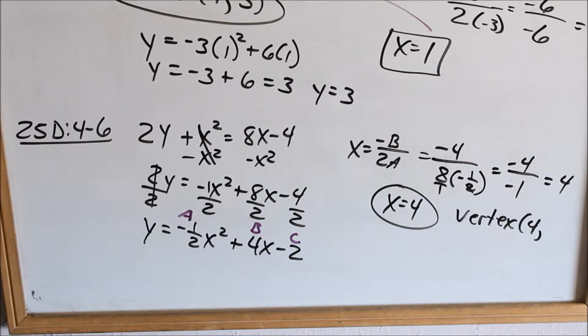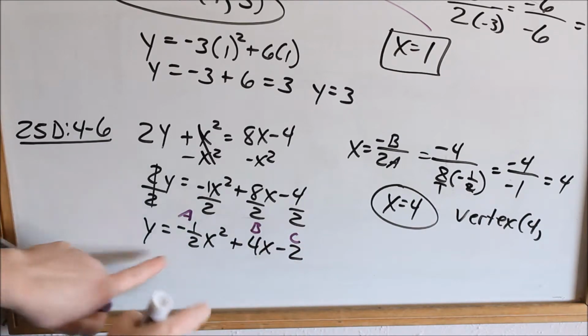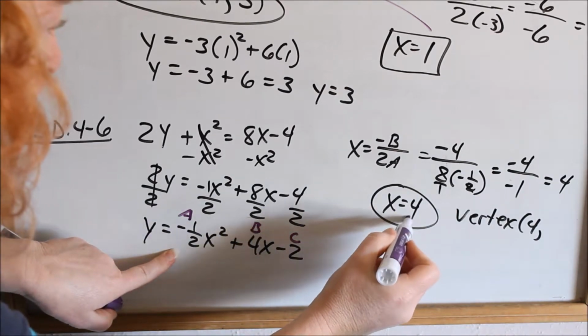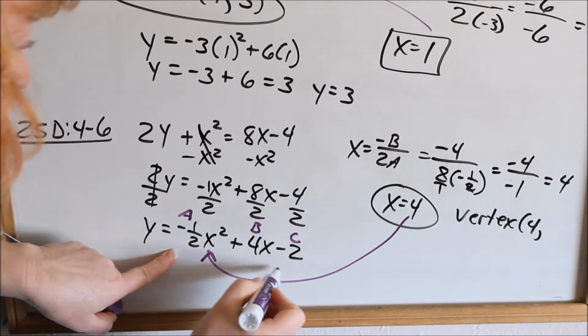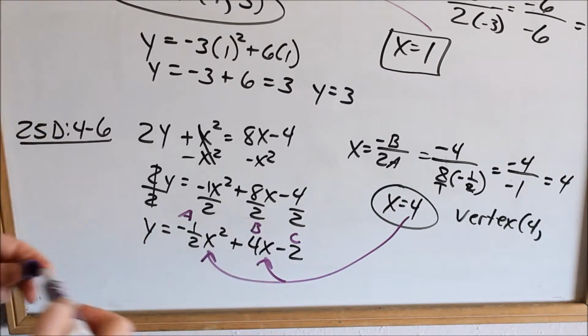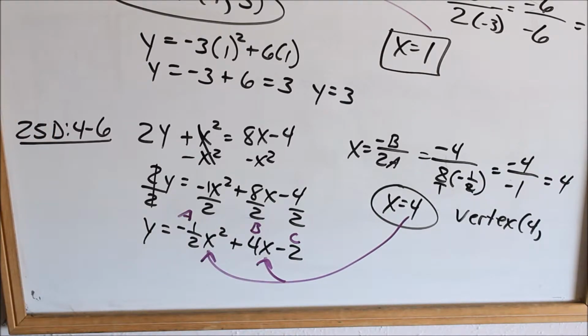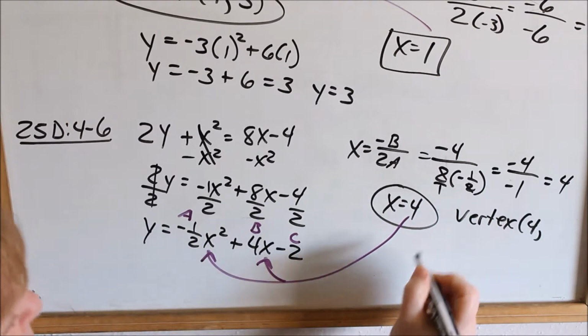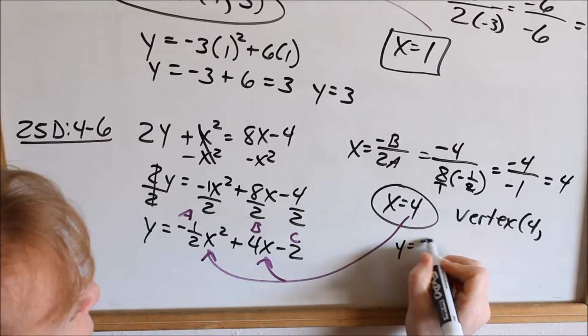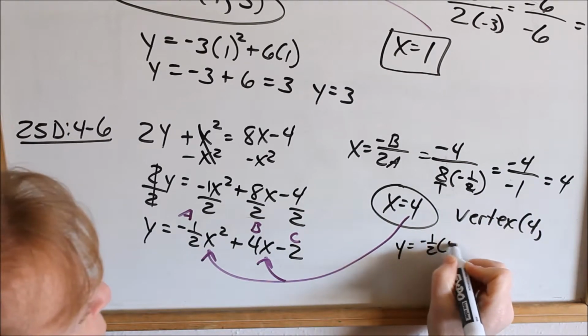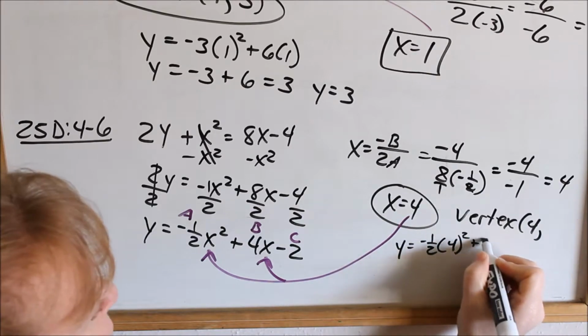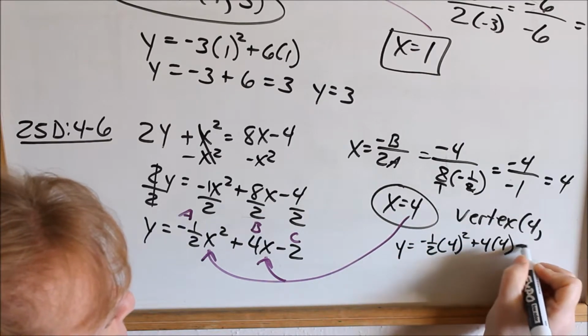How do I find the y-coordinate? Go back to my equation. I'm going to go back to my general form. Everywhere I have an x, I'm going to put in 4. So, working down here, y equals negative 1/2 times 4 squared plus 4 times 4 minus 2.